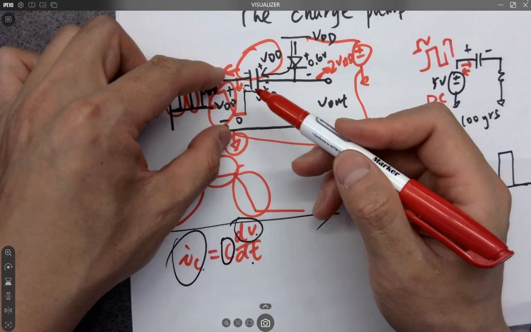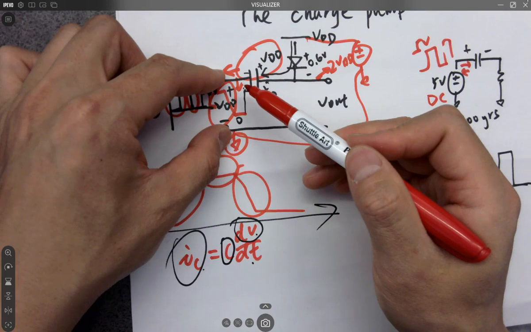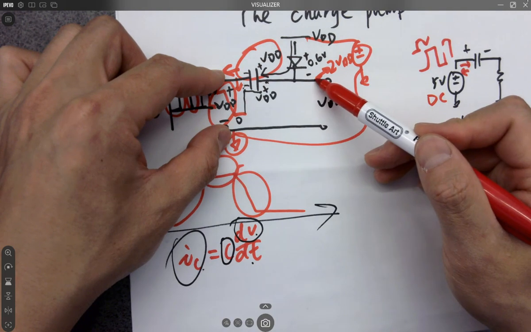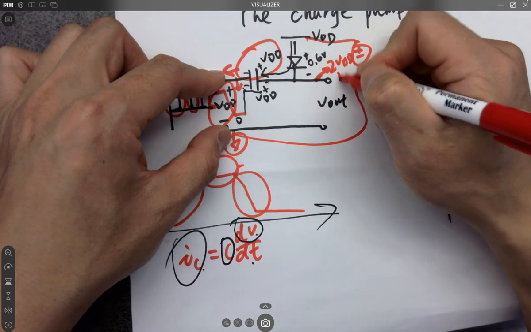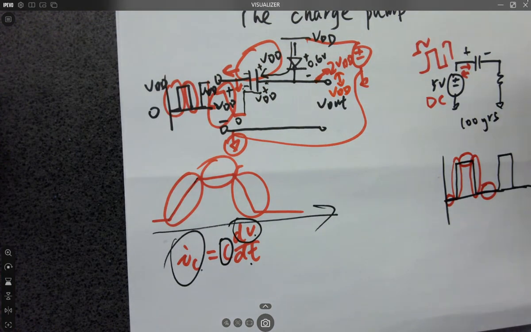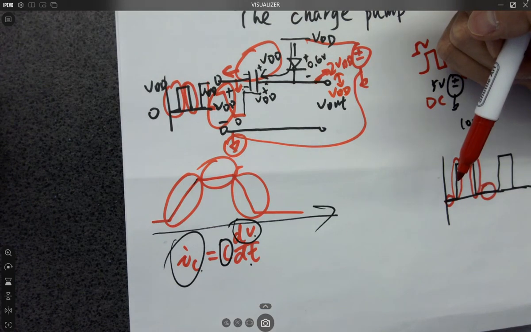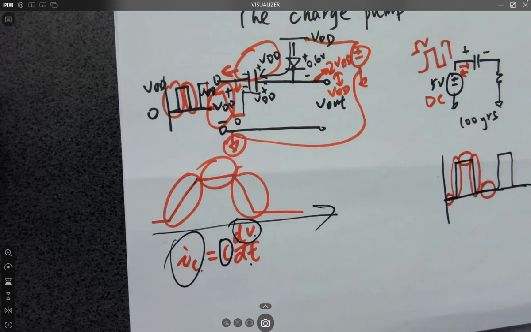So it's totally 0 volts, right? And there is only one VDD here. So this point is gonna swing between VDD and 2 VDD. Okay? Any question on this?